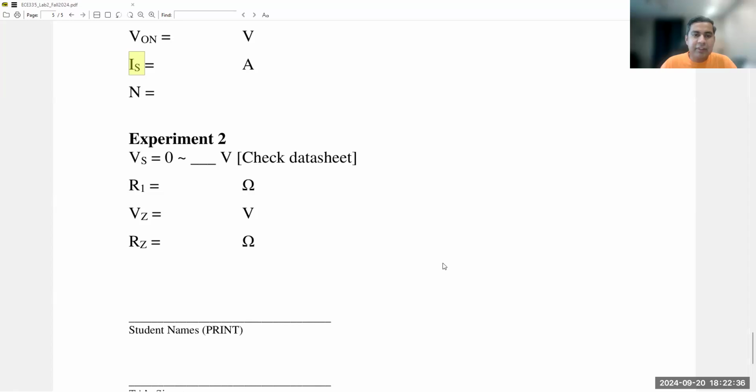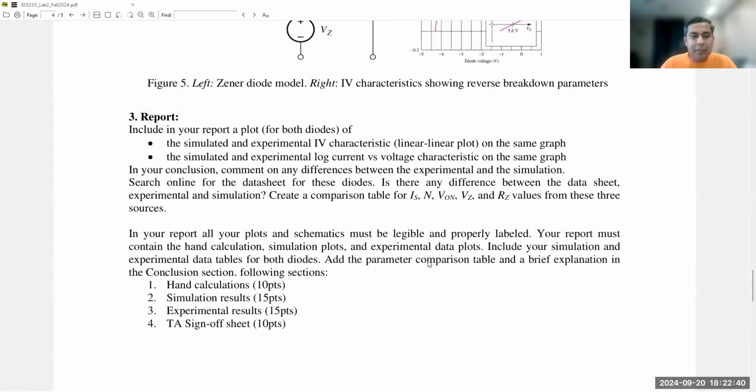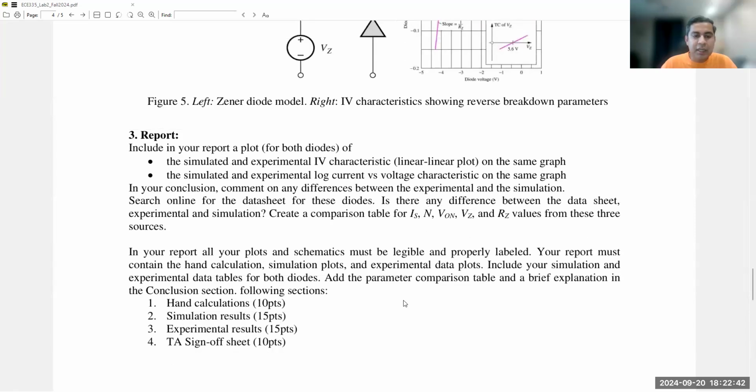So that's pretty much everything regarding this lab project. The way it will be graded is that your hand calculation of the voltages and currents of the circuit carries 10 points.